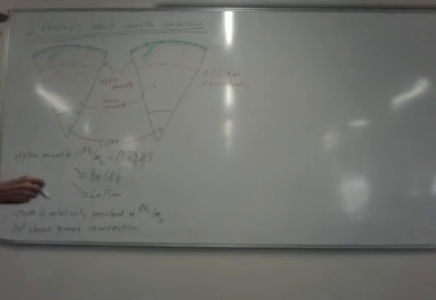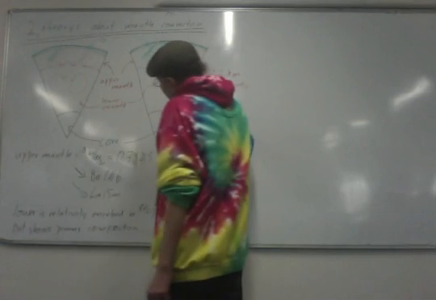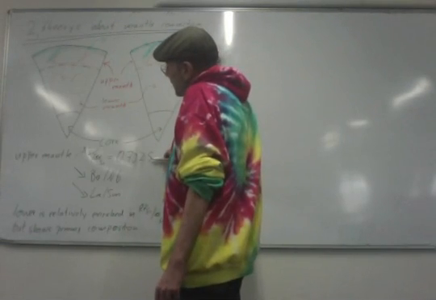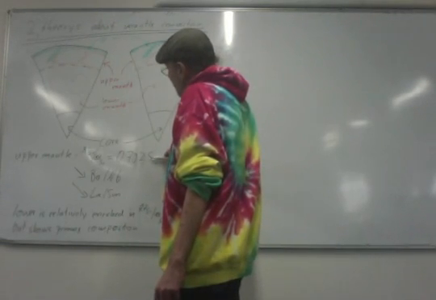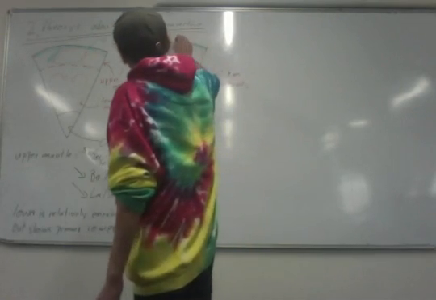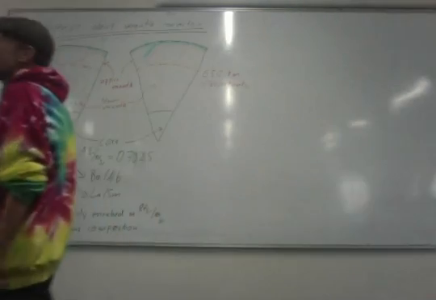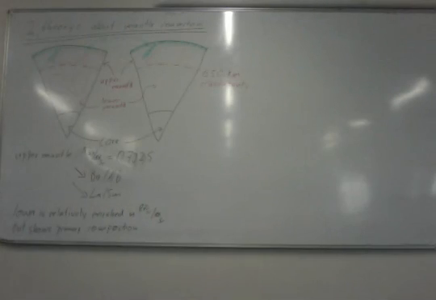So that means if we have higher 87 strontium to 86 strontium ratios in rock samples from here, then there is a flux from the lower mantle to the upper mantle.